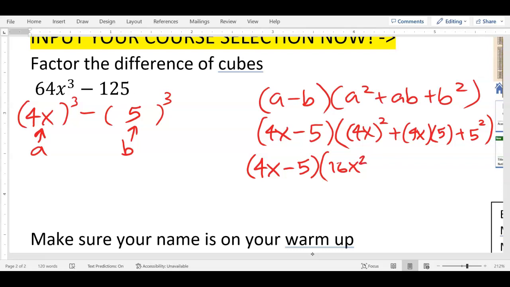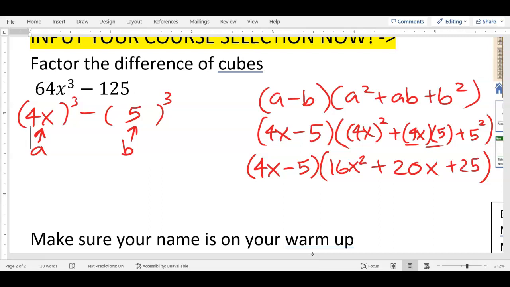So when I do 4x squared, that's 4 squared and x squared, so that's 16x squared. Now what about this one? What's 4x times 5? 20x. Don't forget that x, that's still there in the middle. 4x times 5 is 20x. And what's 5 squared? 25. That is what we were shooting for.